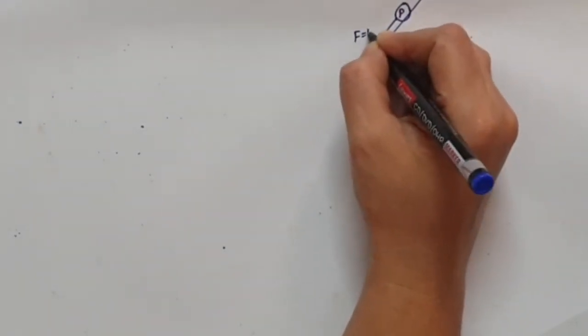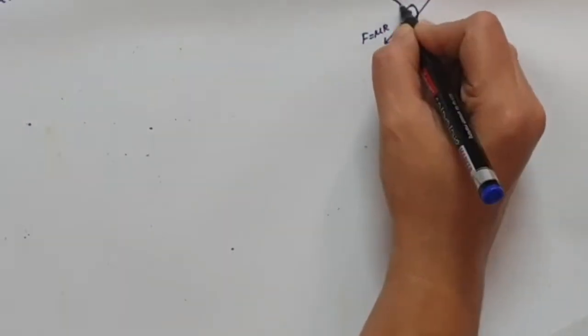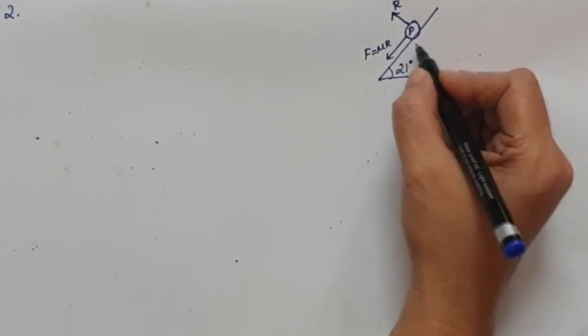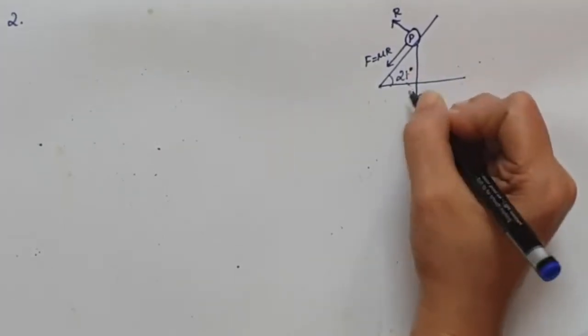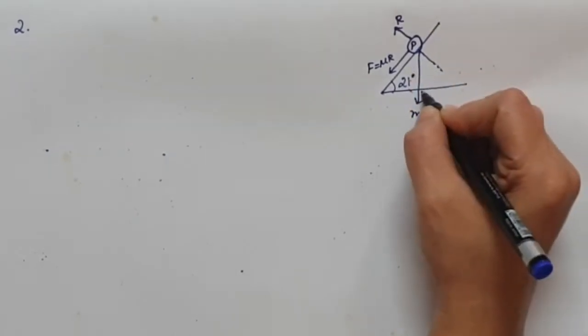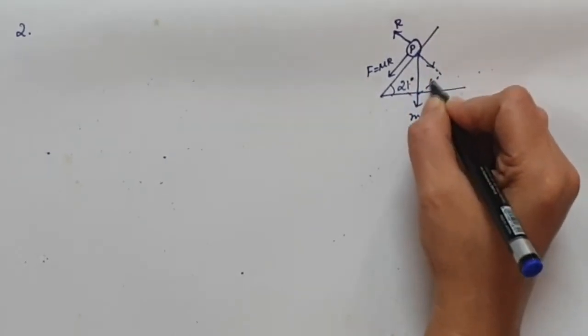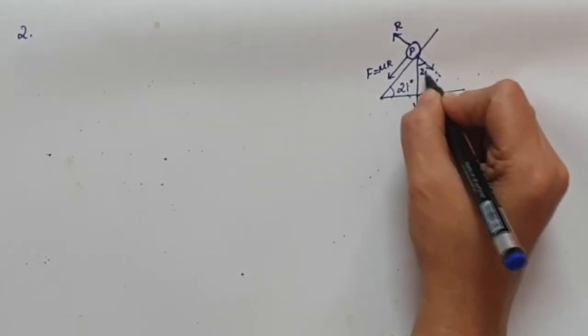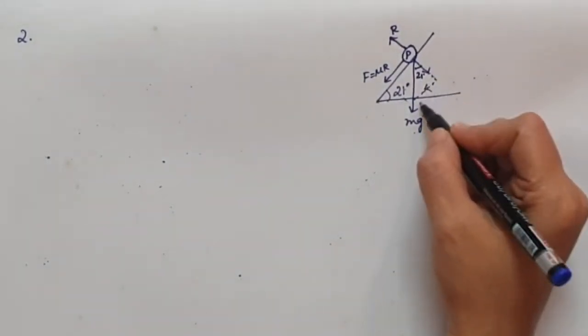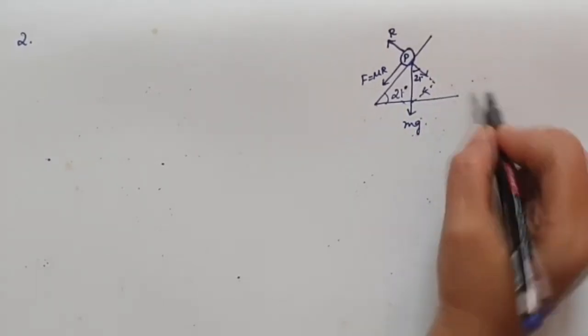So F equal to mu R, and then the normal contact. The normal reaction is R and the weight will act downwards, which is mg. When we resolve it, we have it in this direction and this direction. This is 21 degrees. Adjacent is mg cos 21 and opposite is mg sin 21.